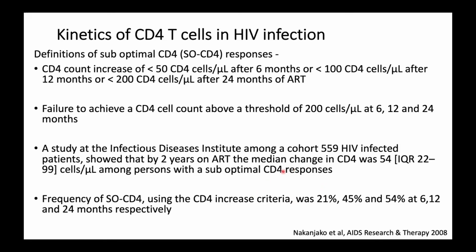And in terms of the specific criteria, those with CD4 less than 50 were about 21%. Those having failed to achieve a CD4 of 100 were 45%, and 54% at the 6, 12, and 24-month time points.